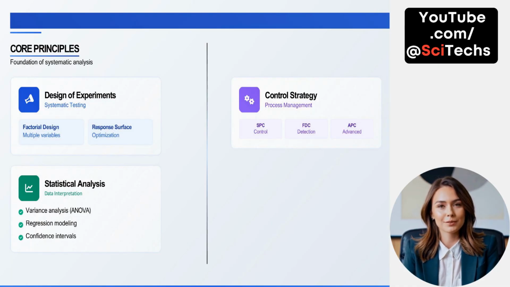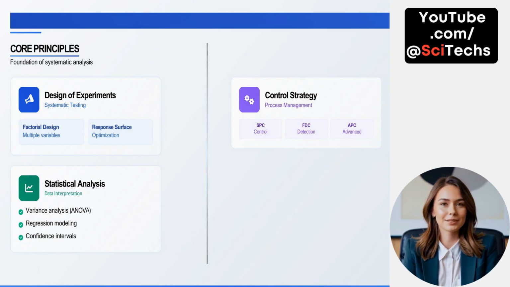Core principles. The core principles of process characterization form the foundation for systematic analysis and control in semiconductor manufacturing. One essential principle is the design of experiments, or DOE, which enables structured, methodical testing. Through factorial design, multiple variables are tested simultaneously to uncover interactions and optimize settings.